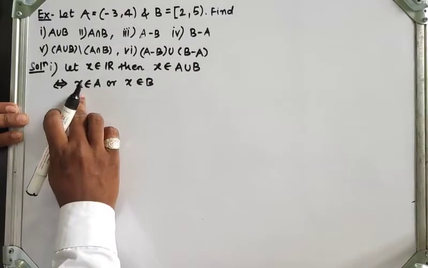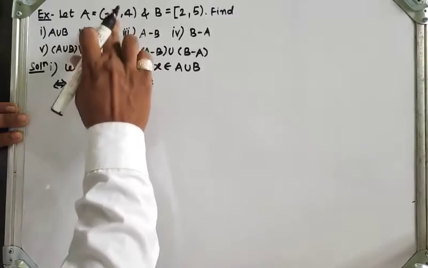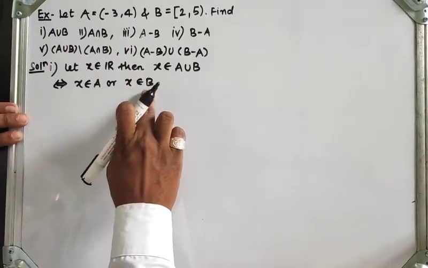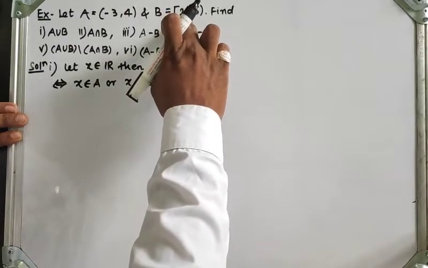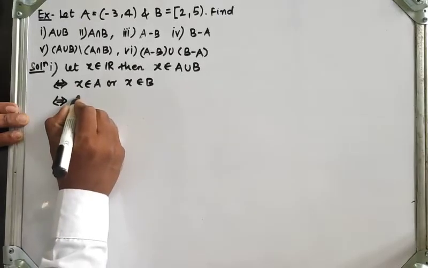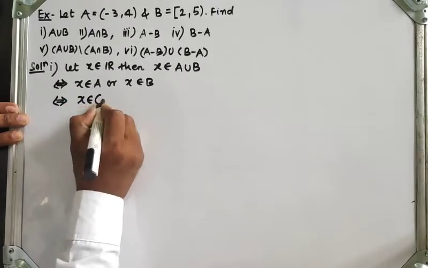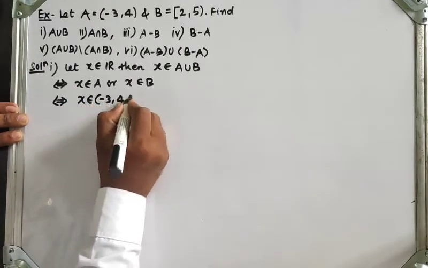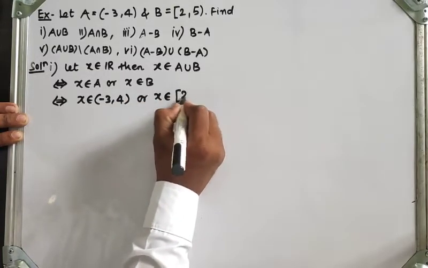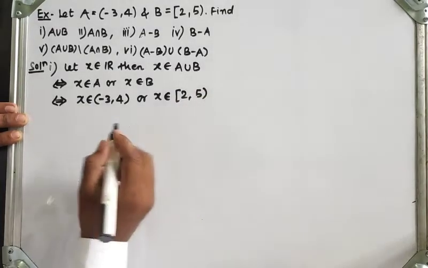Now the set of all those elements. So x belongs to what? -3 to 4, and the set of those elements belonging to B, which is the closed interval 2 to 5, open at 5. So if and only if, x belongs to -3 to 4 or x belongs to the closed interval 2 to 5.